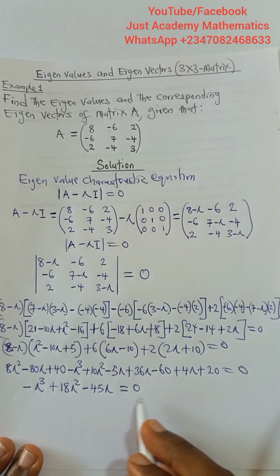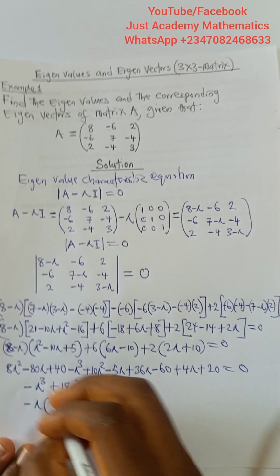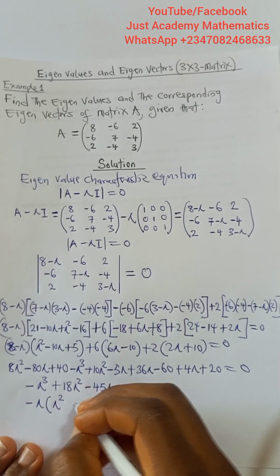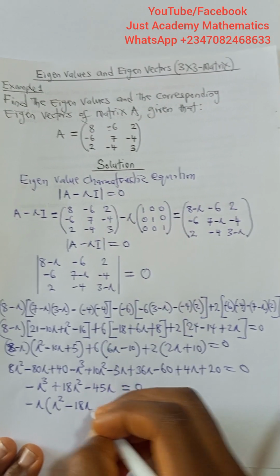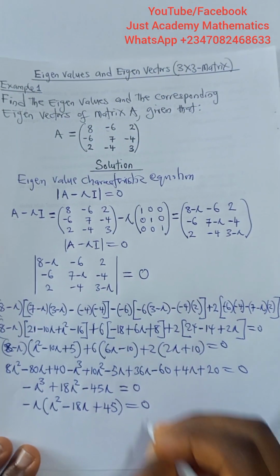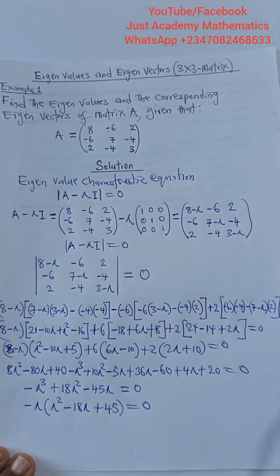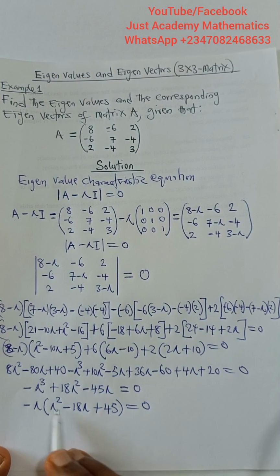So, as it is now, if you bring out minus lambda, what will remain? It will remain lambda square minus 18 lambda plus 45 equals to 0. Now we can factorize this one.